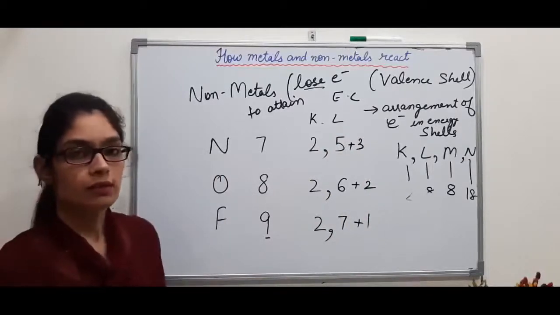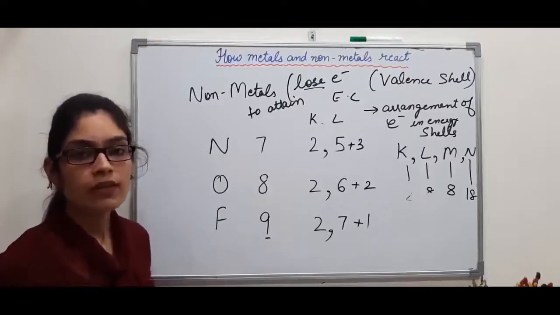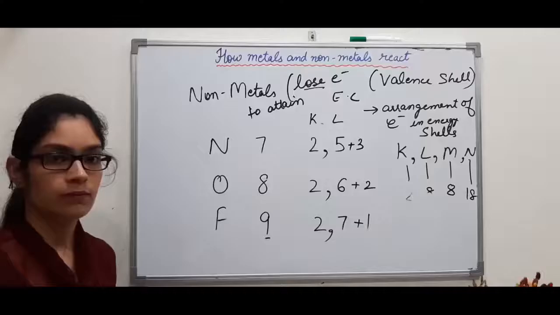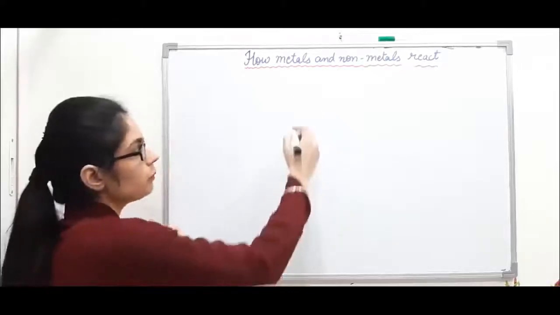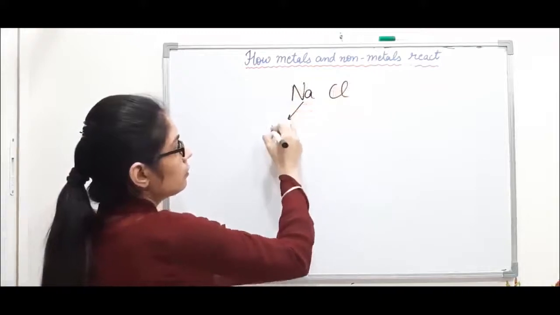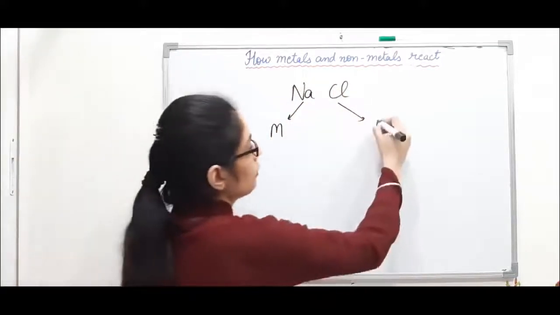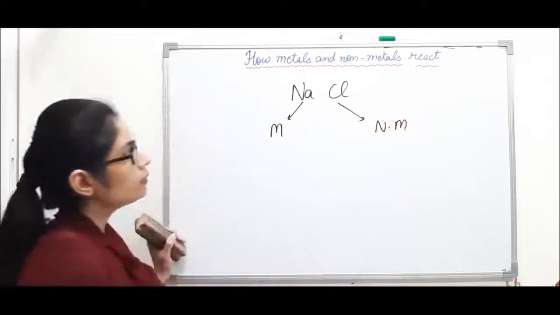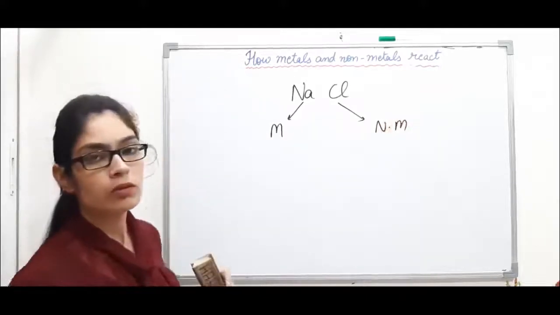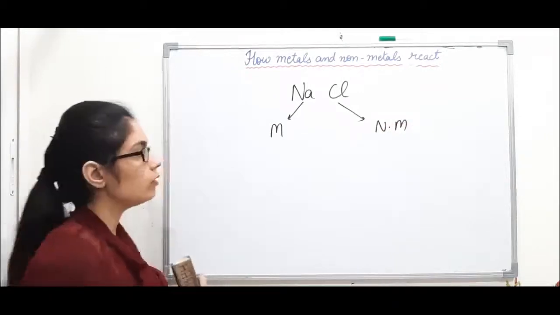Now let us study the compounds of metals and non-metals and see how the reaction is taking place. Let's take the example of sodium chloride now. Sodium is a metal, and chlorine is a non-metal. So let's write the electronic configuration, because we want to know the number of electrons in outermost shell or valence shell.